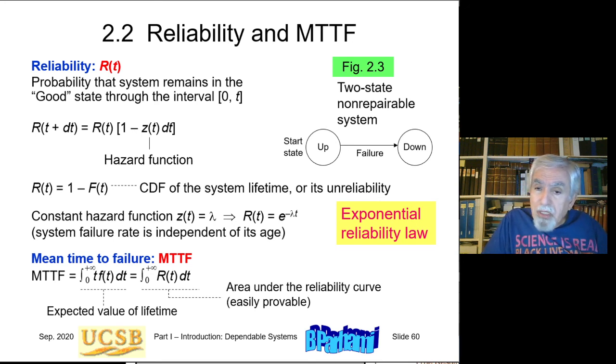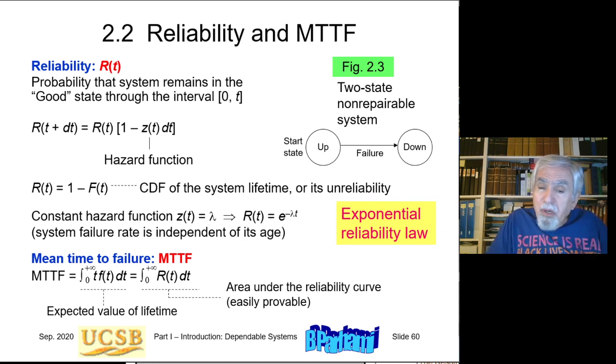So the system starts in the up state, operational state, and at some point it may fail. That's a probabilistic process. Sometimes it fails quickly, sometimes it fails after a long time, and it goes to the down state, it becomes unavailable. And this is known as a non-repairable system. In other words, once the system fails, goes to the down state, it's finished. You can't do anything about it. You can't repair it. Later we will see repairable systems.